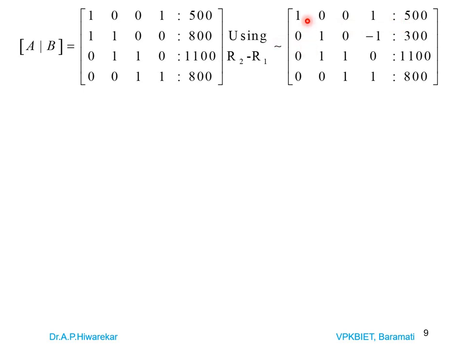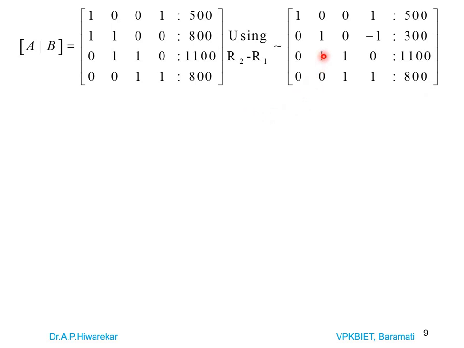Row 2 will be this minus this, meaning 0, 1, 0, minus 1, then 800 minus 500 means 300. Row 3 as it is, equal to 1100. The last row also 0, 0, 1, 1, 800 as it is.